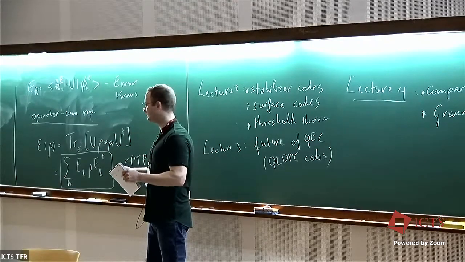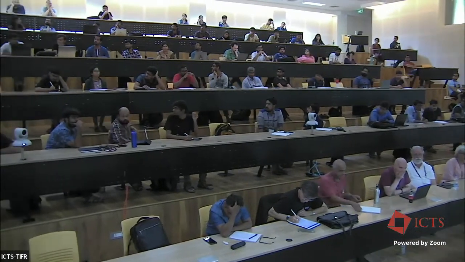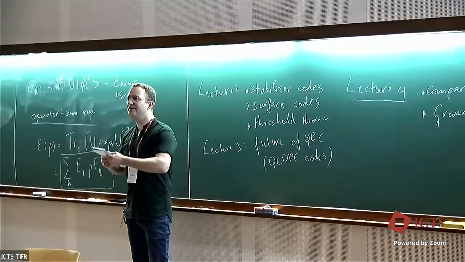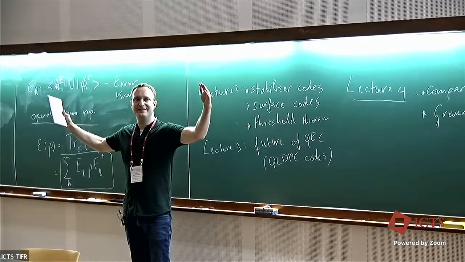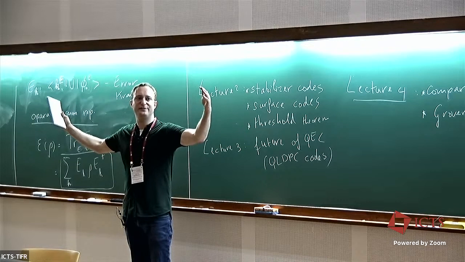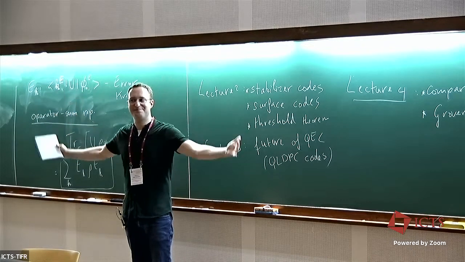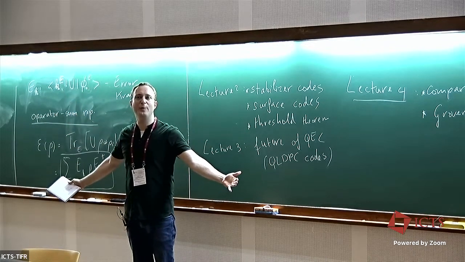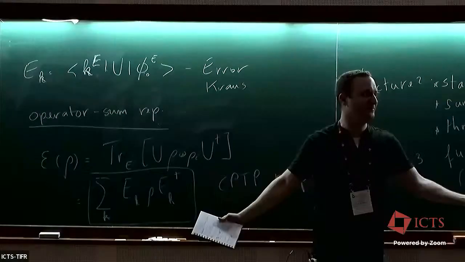So U describes the dynamics generated by the system, or is it the complete dynamics of the environment as well? In any evolution, if you go to a bigger and bigger space, you can describe it as unitary. If you include all degrees of freedom, then you can always write evolution as unitary.